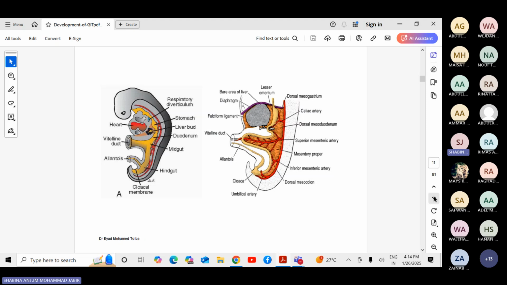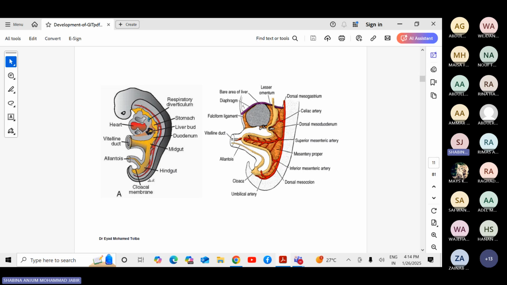So this I believe all of us know. Now again, we have the same picture which is showing the development of the gut tube. So here, what is the development? Here you can find that the midgut, which was having a very wide connection with the yolk sac, has now become narrow.